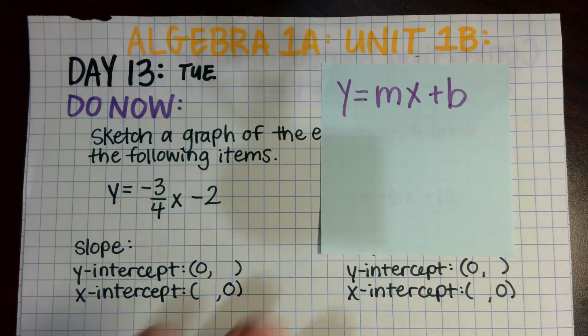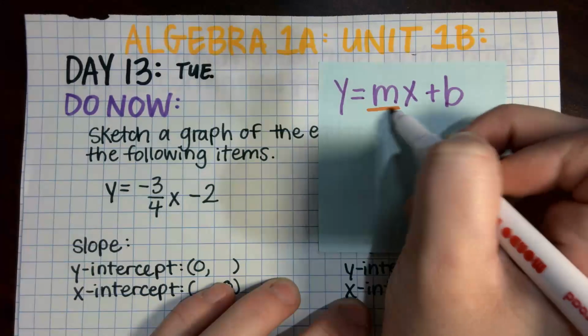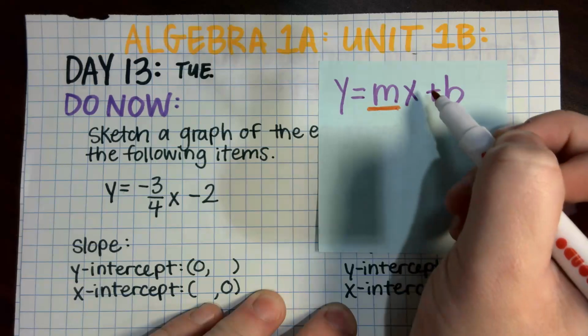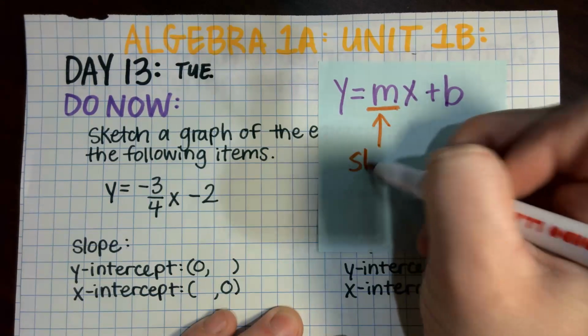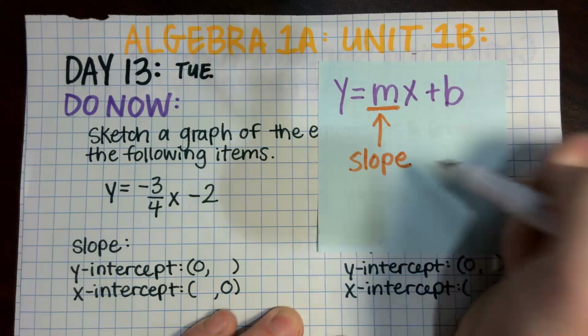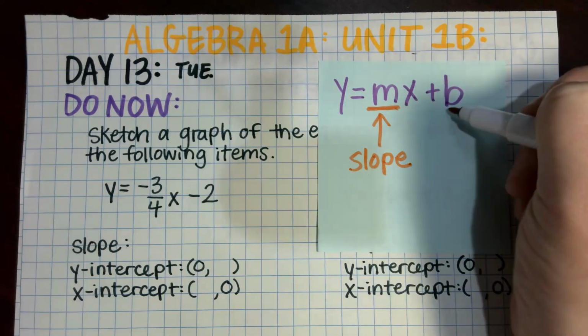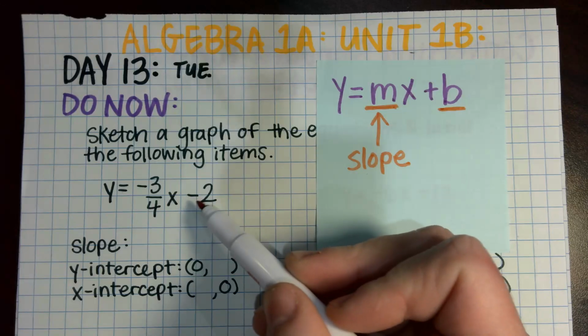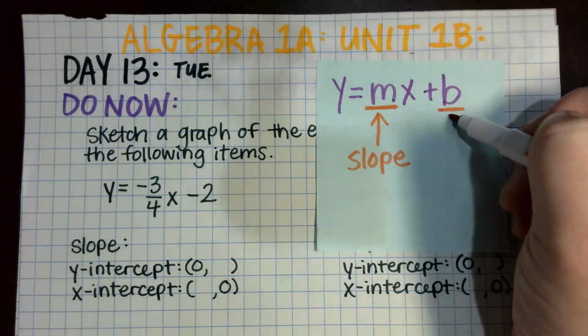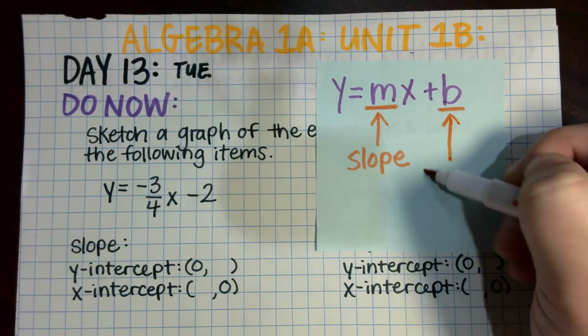And in this equation, m, or the number that's attached to x, is our slope. And b, or the number that comes after the plus or the minus sign, is our y-intercept.